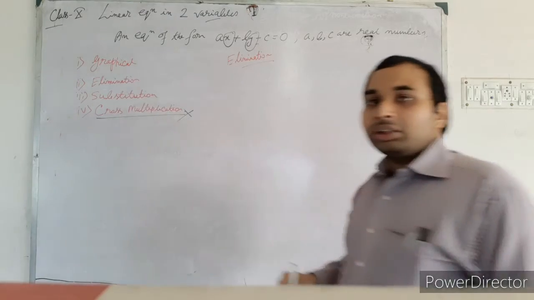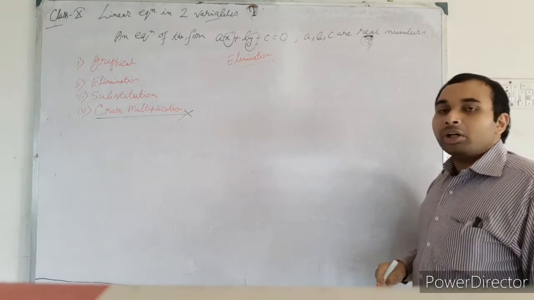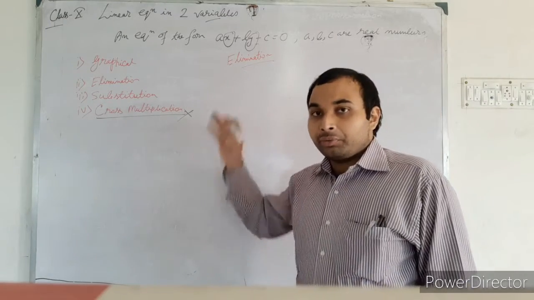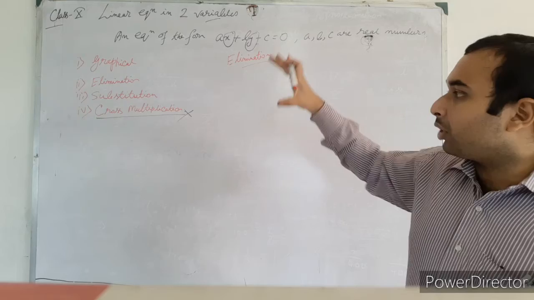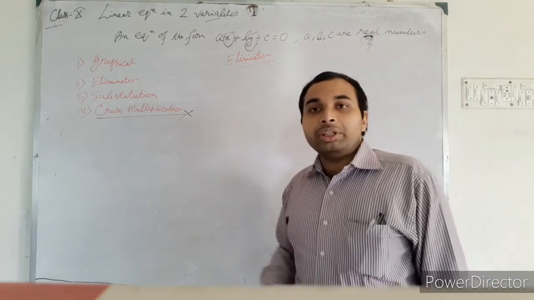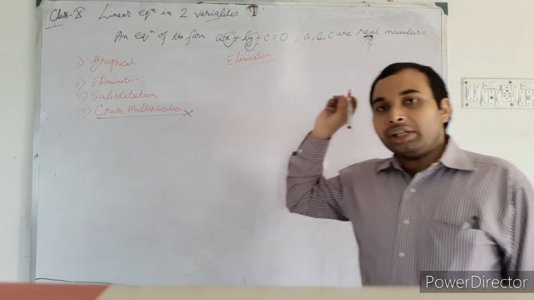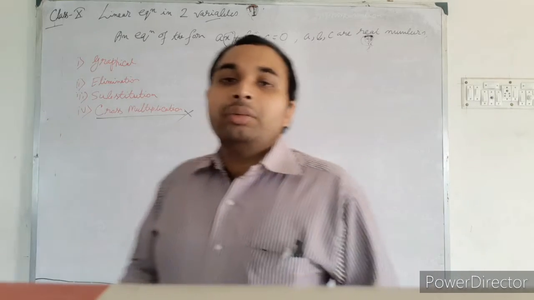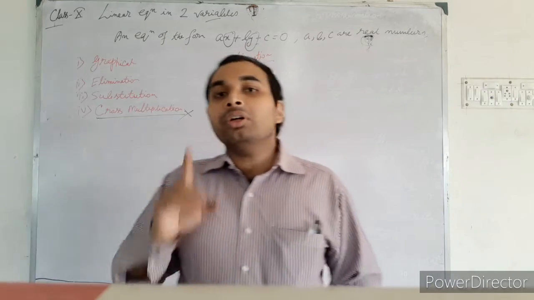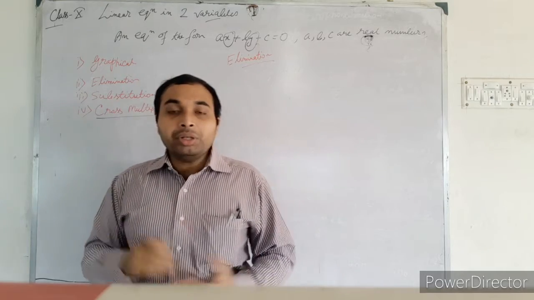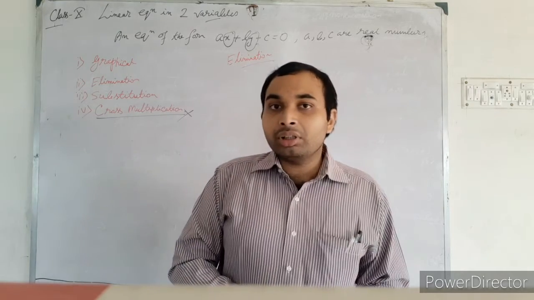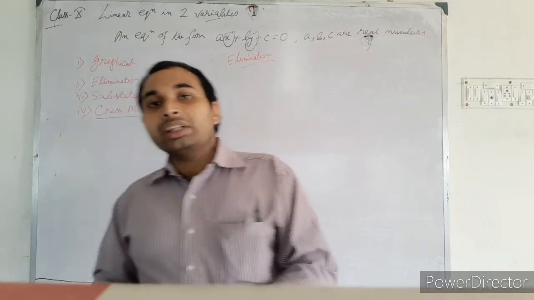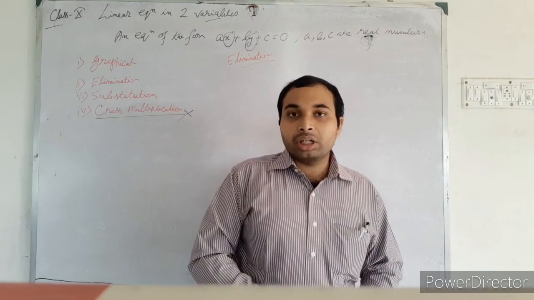Actually whenever you get your question paper, it will not be mentioned in which method you have to do. For graphical method it will be mentioned, but for the other three it will not be mentioned. So you can follow any one method, and I will suggest who are taking the basic math, follow only one method. Be mastered in one method only, then you will not hesitate about which method to do.